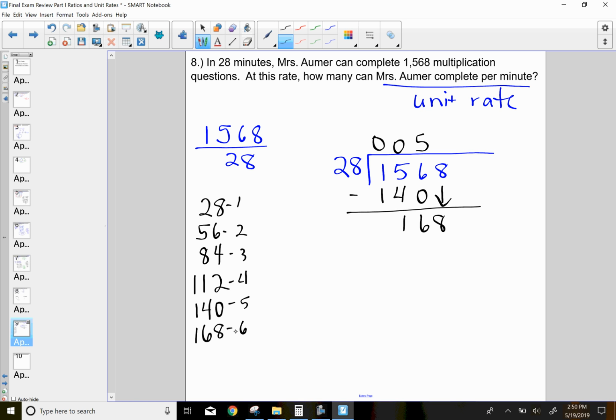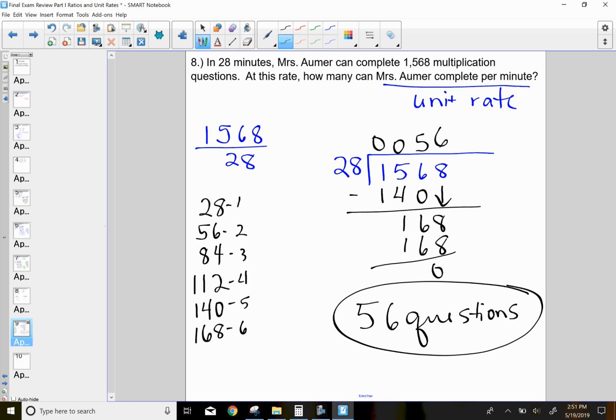And 168, 28 will go into 168 exactly 6 times. So it looks like if I can complete 1,568 multiplication questions in 28 minutes, that means each minute I am completing 56 multiplication questions. Must know my math facts.